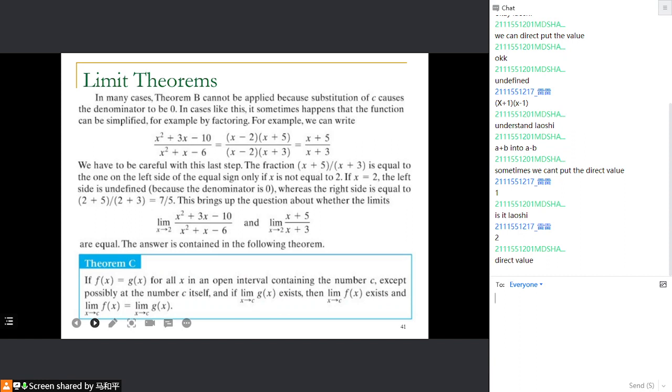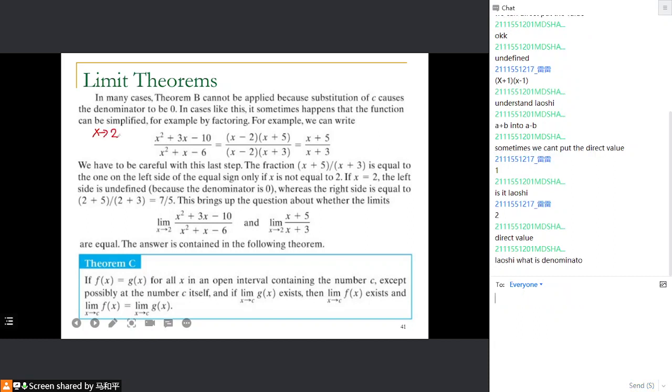In many cases, Theorem B cannot be applied because substitution of c causes the denominator to be 0. In cases like this, it sometimes happens that the function can be simplified, for example by factoring. For example, we can write here, if we talk about x approaches 2, we find this is 0 over 0, right?